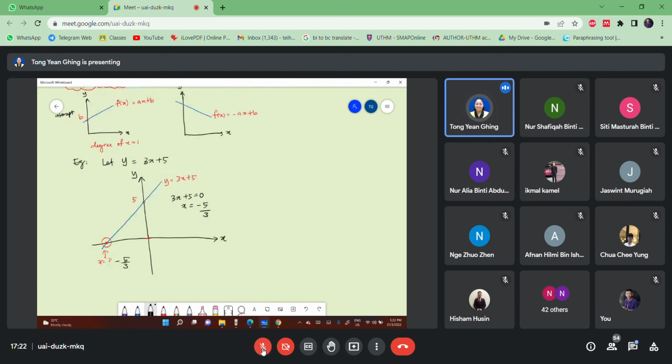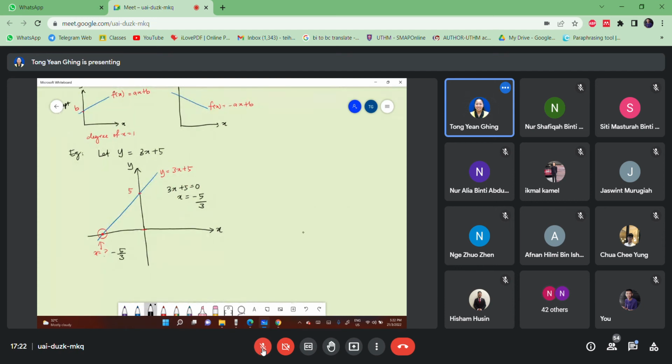So actually, this value, the value that intercepts at the x axis, we call it a root, R-O-O-T, root. So if it is a linear equation, we can easily find the roots.